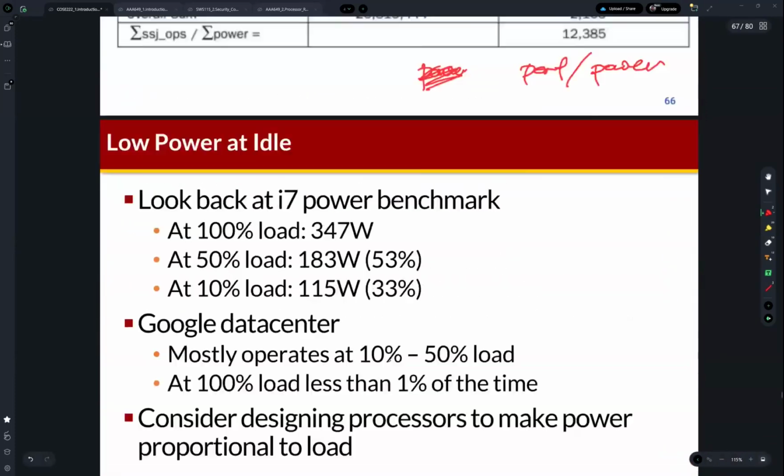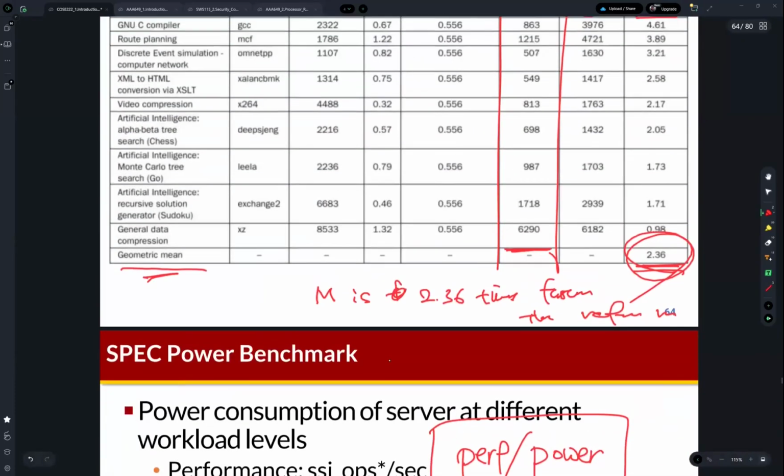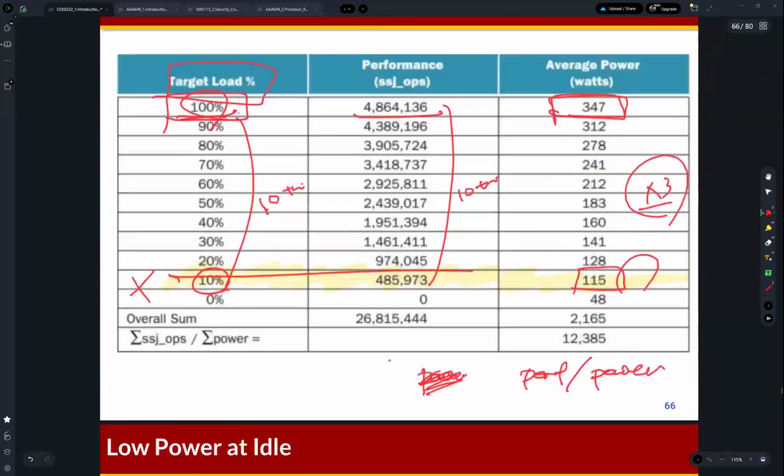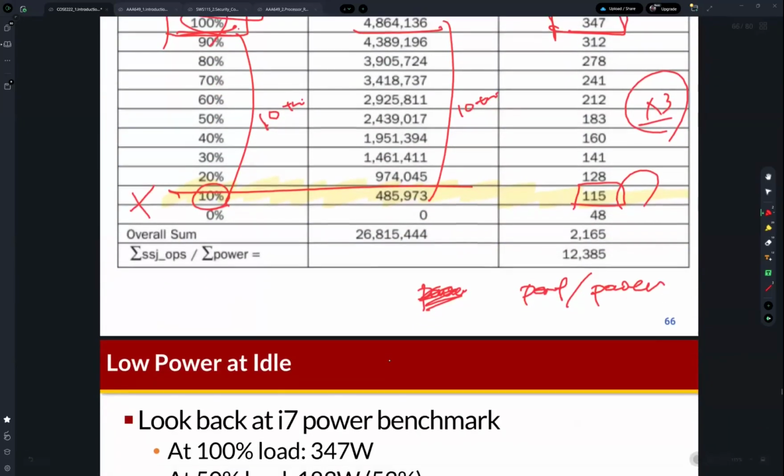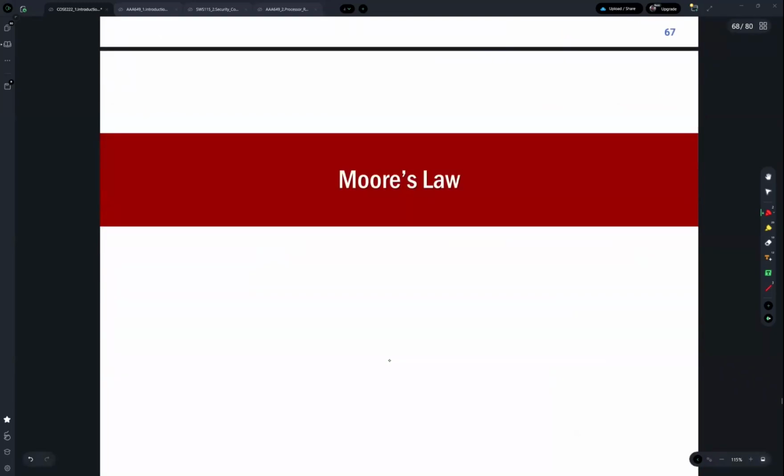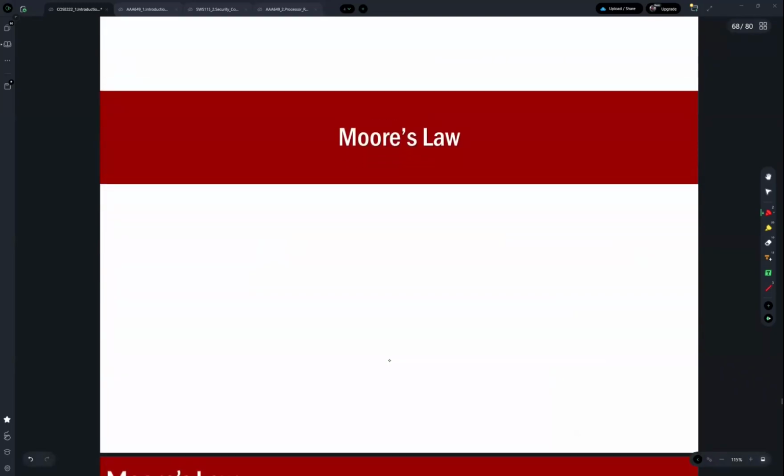Okay, so I briefly introduced some benchmarks, like the SPEC benchmark and SPEC Power. Then let's learn about Moore's law.